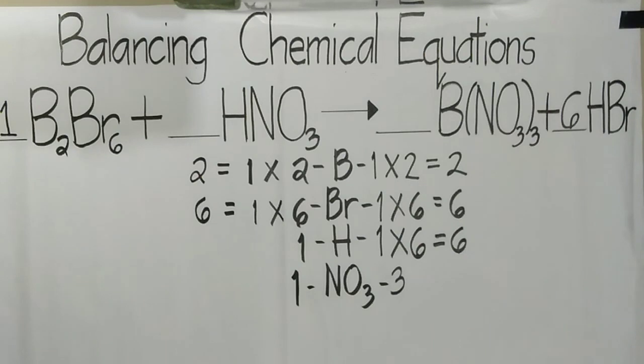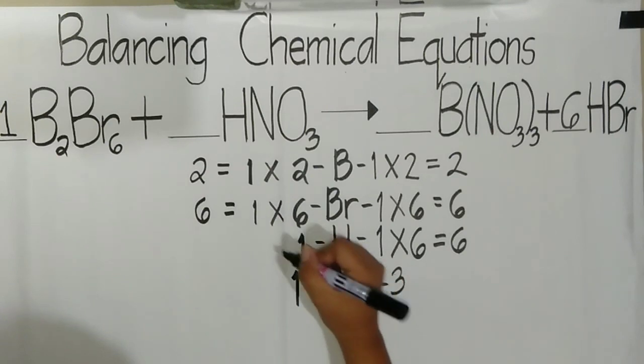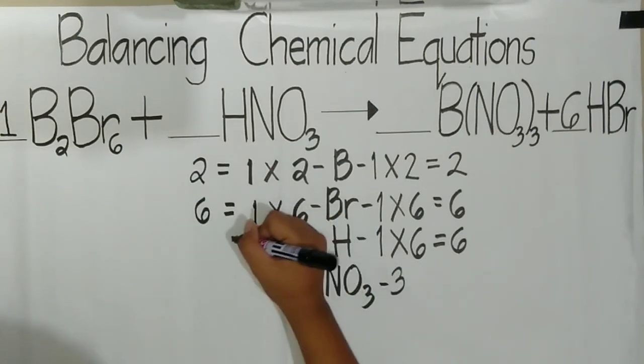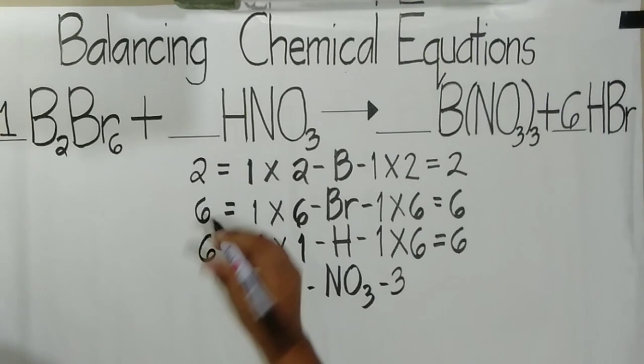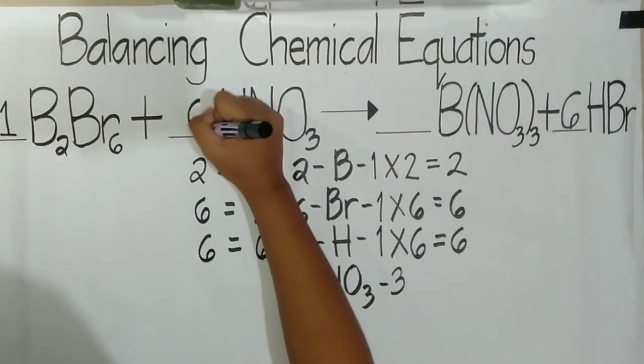On the other side of the equation, on the reactant side, what number also are we going to multiply para ma-equal din siya ng 6 in order for it to be balanced? So, we will try also 6. So, 1 times 6 is equal to 6. Are they both the same? Are they balanced? Yes, they are balanced. So, our coefficient in the hydrogen on the reactant side would be 6.